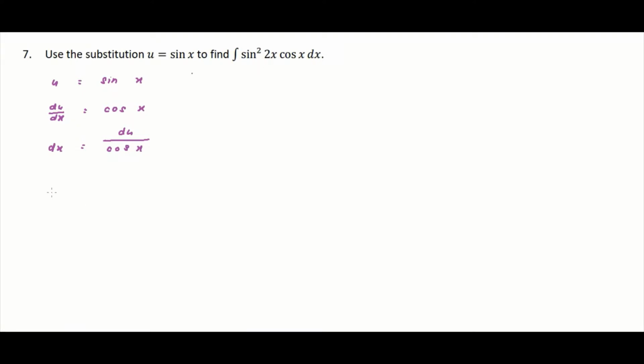So how do we do that? We know that sine 2x is actually equal to 2 sine x cos x, right? So since in this case we want to get sine square 2x, we square the whole thing. So sine square 2x will be equal to 4 sine square x cos square x.